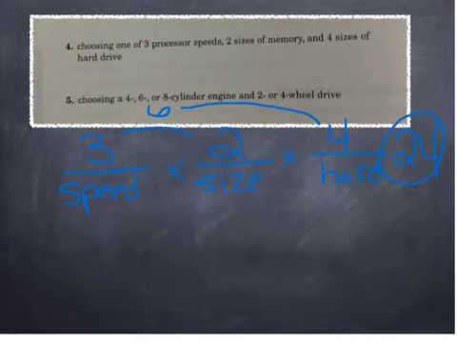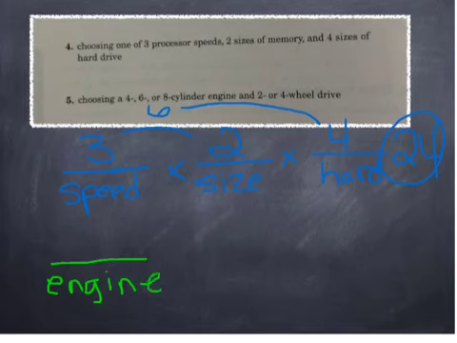All right, for number 5, we're choosing a 4, 6, or 8 cylinder engine. I'll change my color so you can differentiate there. So this is our engine. And a 2 or 4 wheel drive.